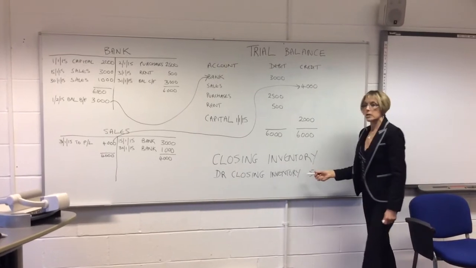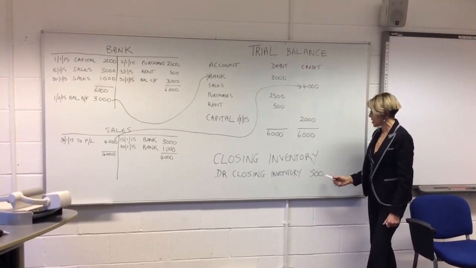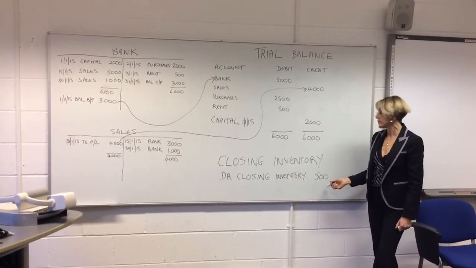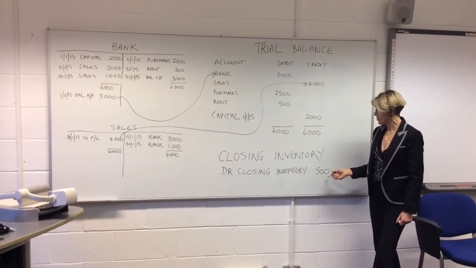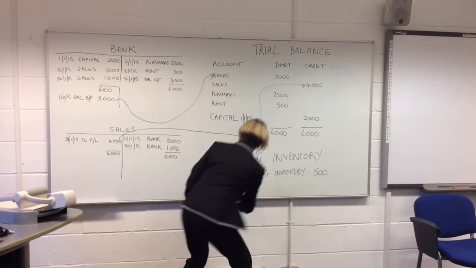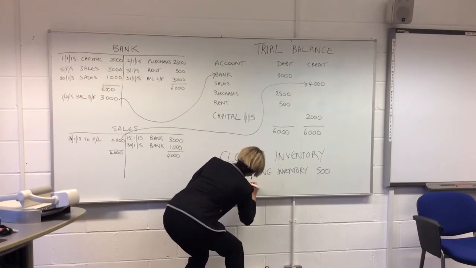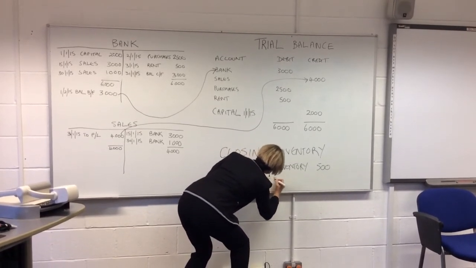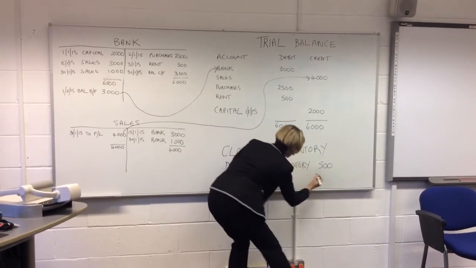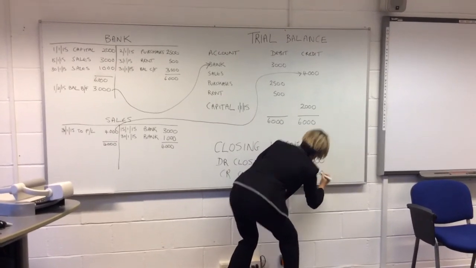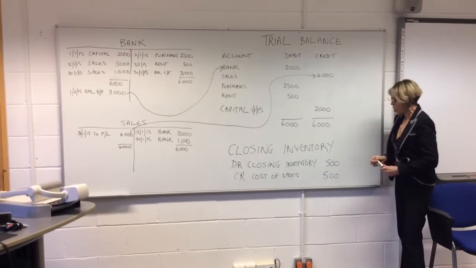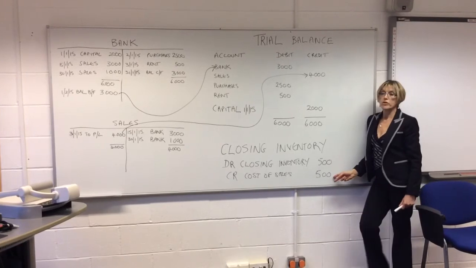We're going to debit closing inventory in the balance sheet. I'm assuming I've got £500 worth of stock or inventory left at the end of the month. And I'm going to credit cost of sales with the same 500.